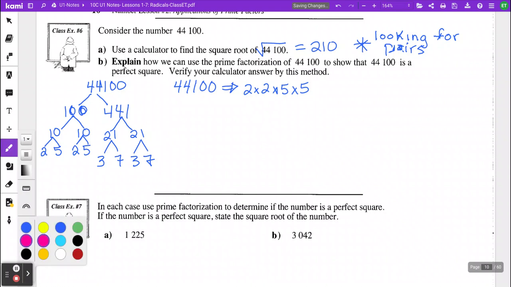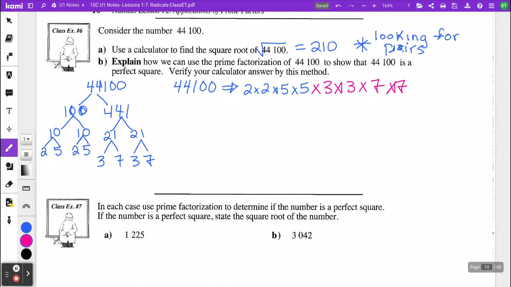So times 3, times 3, times 7, times 7. All right, that's what it breaks down into.